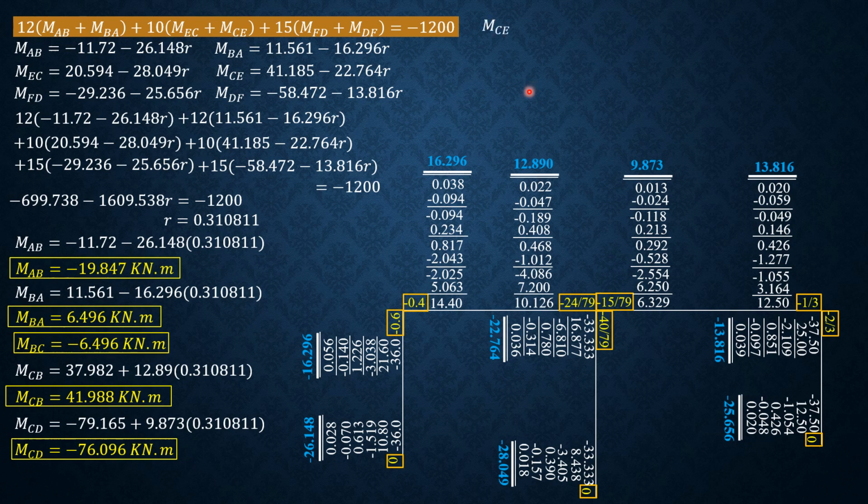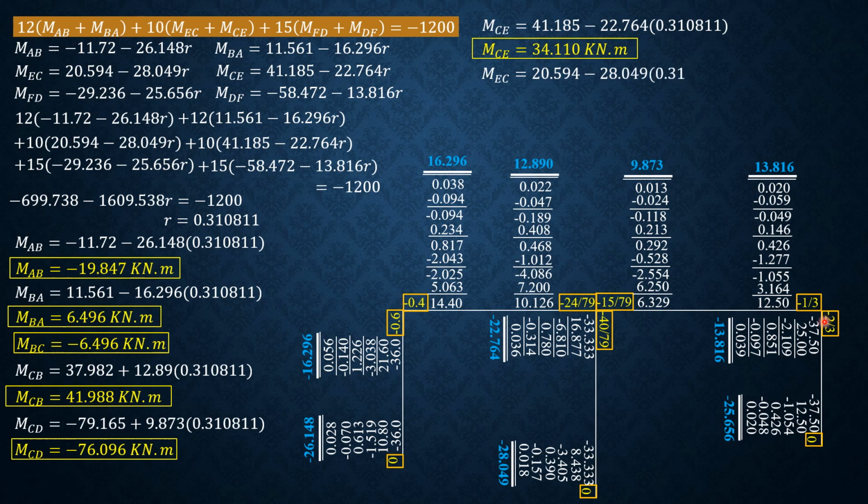Moment EC is equal to 20.594 minus 28.049 of 0.310811. Moment EC is 11.876 kilonewton meter. Then moment DF is equal to negative 58.472 minus 13.816 of 0.310811.